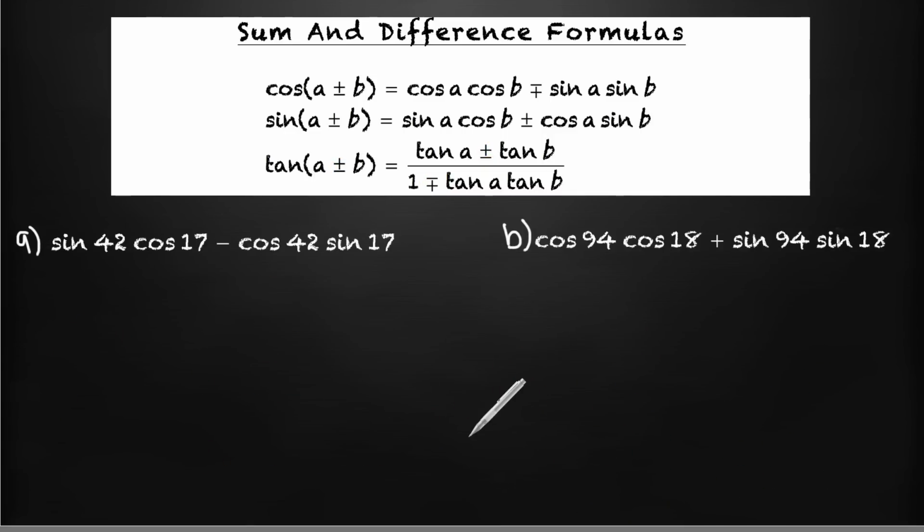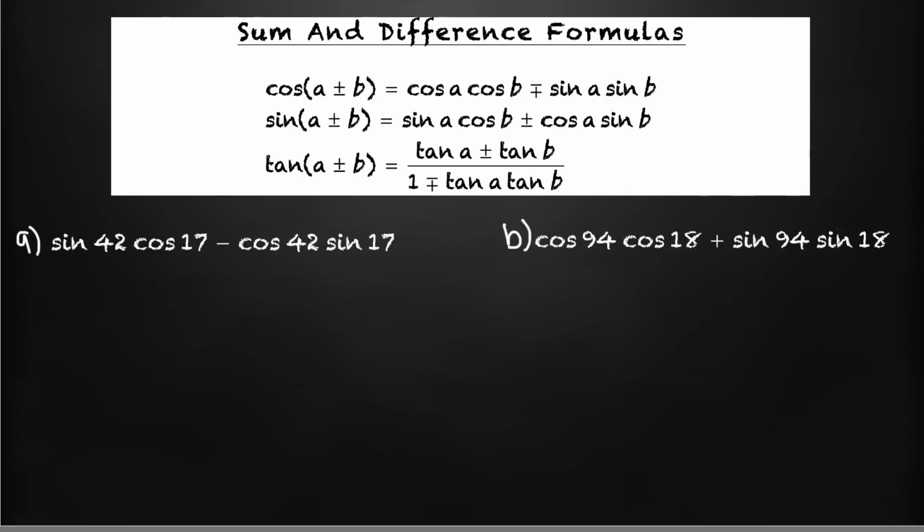All right, so now in this example, we want to go backwards, and we want to figure out what is the angle that we are trying to find and whether it's the cosine or the sine of that angle. So letter A, they give us sine of 42 cosine of 17 minus cosine of 42 sine of 17.